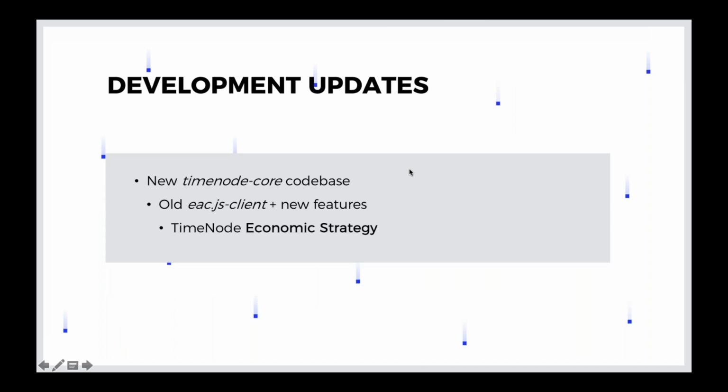So guys, let's get into the gist of it. Basically, we have a couple of development updates first. The first one is this economic strategy. It is a new feature added to the TimeNode core code base, which replaces the old EAC.js client that we had before.